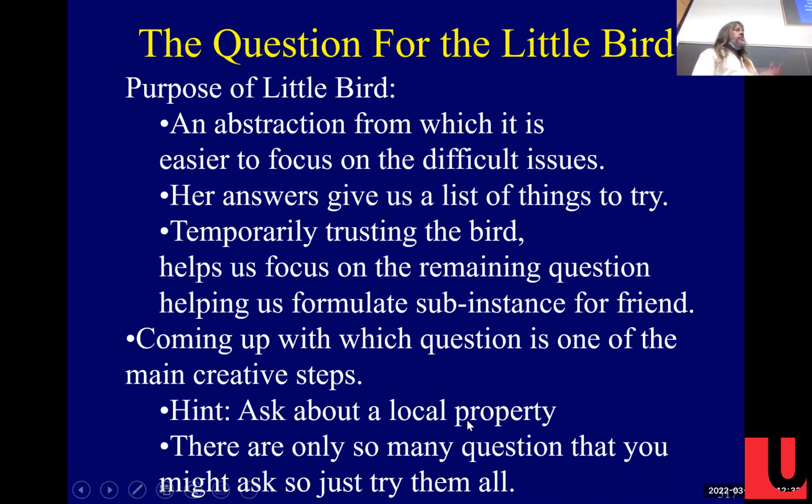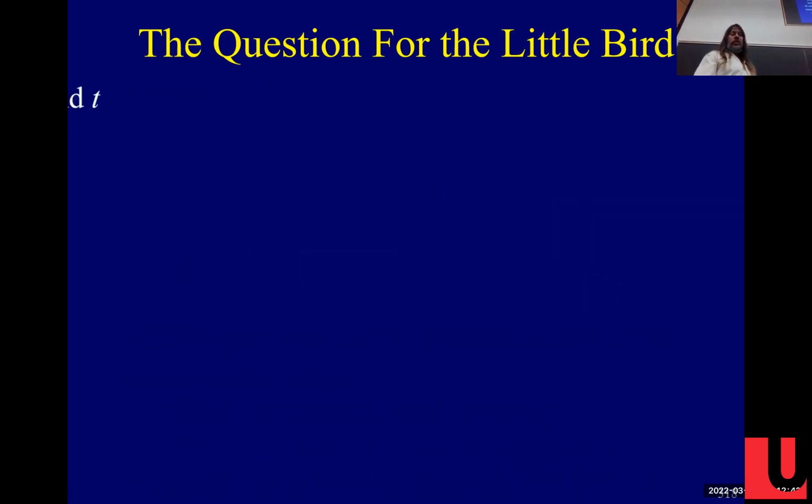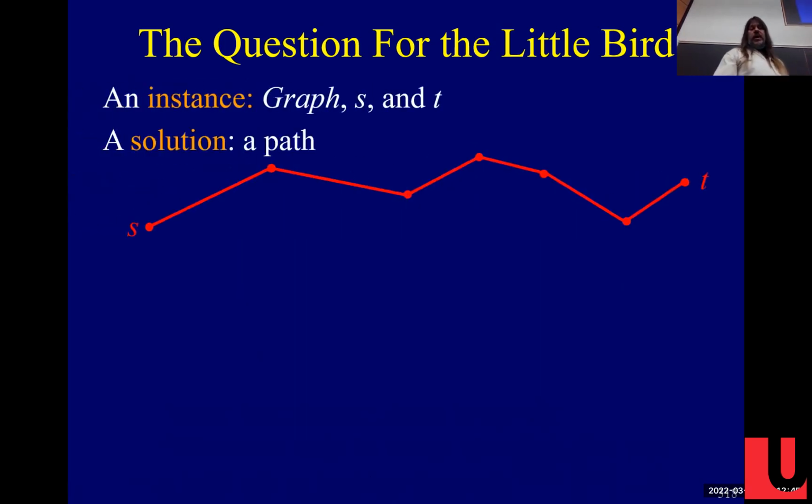You want to ask her about some property of the solution, and there's only so many questions you can ask. You can ask what's the last node, what's the middle node. This is copied from my old slides too. I'm going to list some of the types of bird answers you might ask.